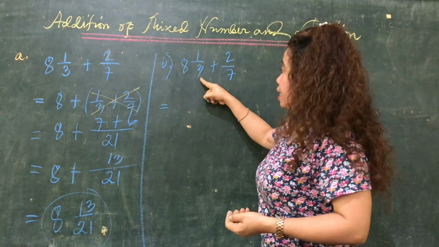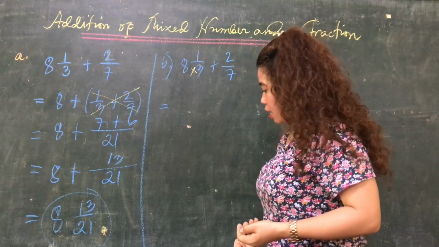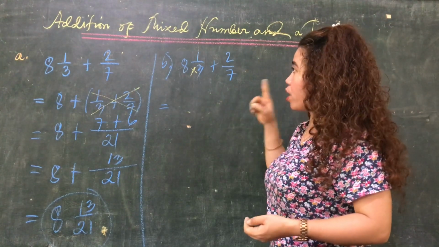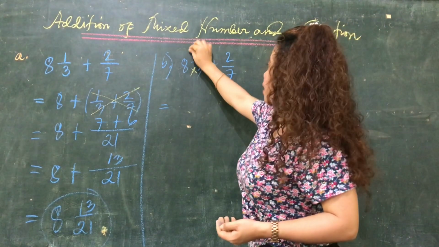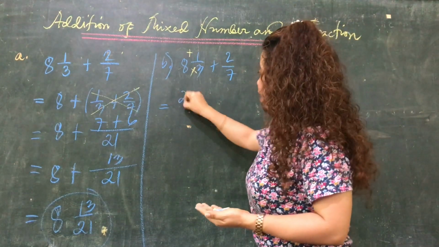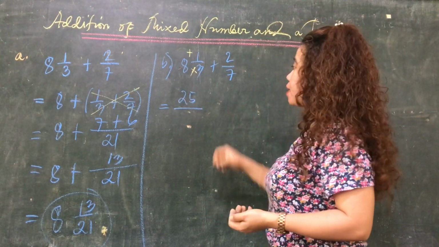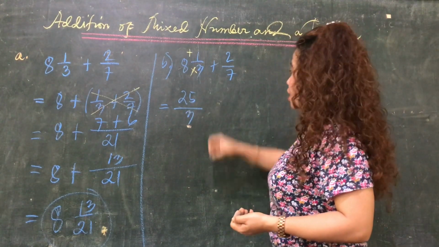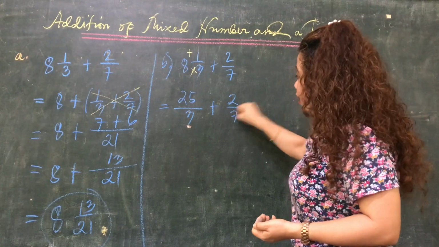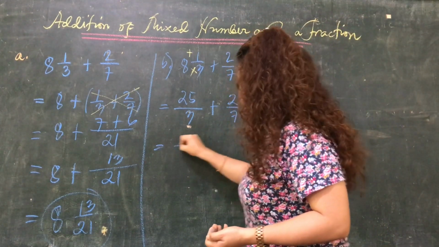I-multiply lang ang denominator sa whole number. 8 times 3, you have 24. Ang kanang 24, i-plus sa taas. 24 plus 1, you have 25. Ang bar, copy. Unya, i-copy lang po ang 3. I-copy lang si plus. And then si 2/7, just copy, equals.